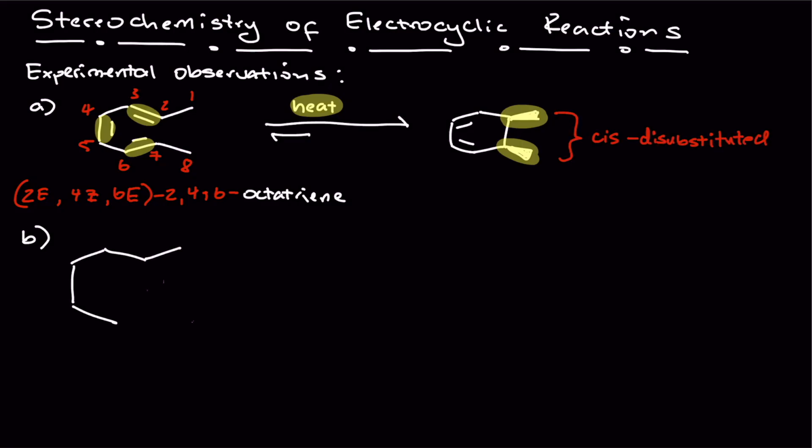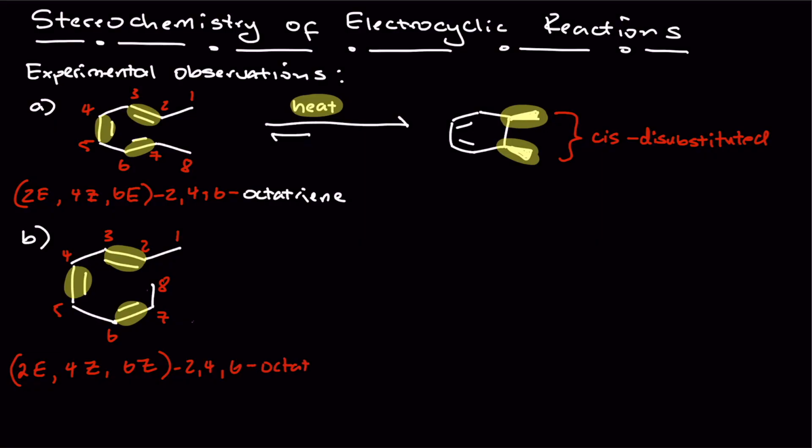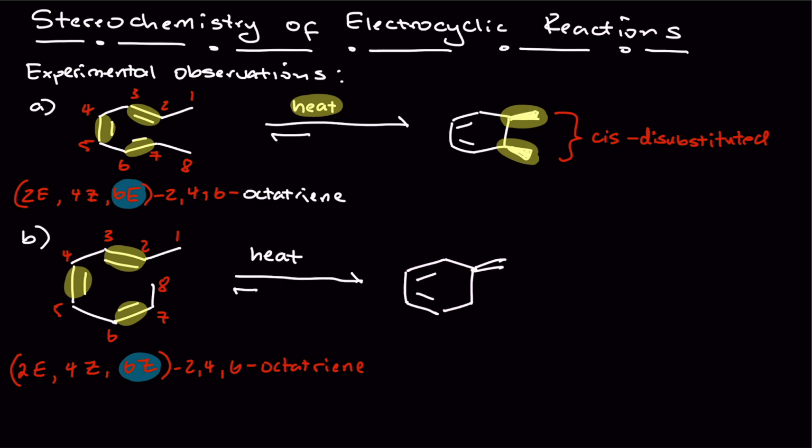On the other hand, consider the diastereomer of A, and this is our 2E, 4Z, 6Z 2,4,6-octatriene. When this particular substrate undergoes electrocyclic cyclization, its products are actually now your trans disubstituted products.